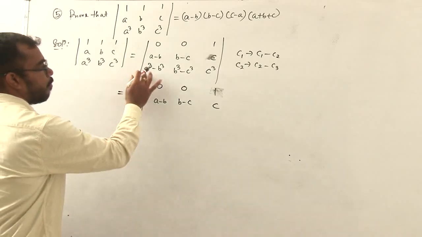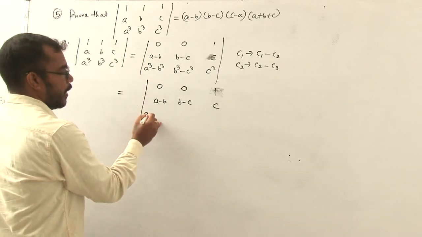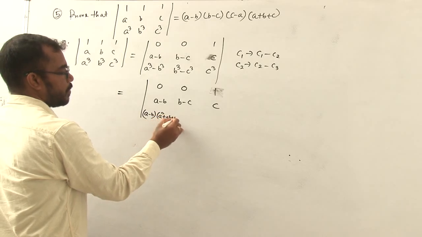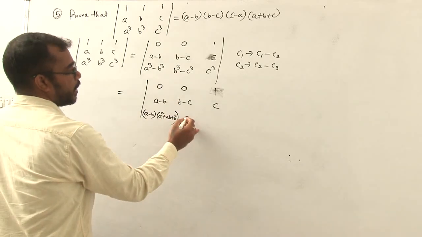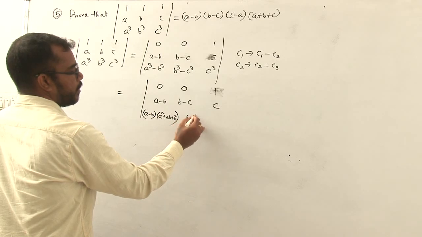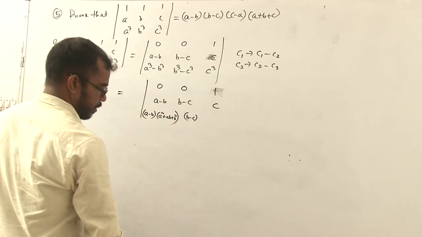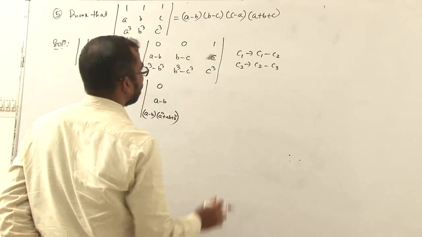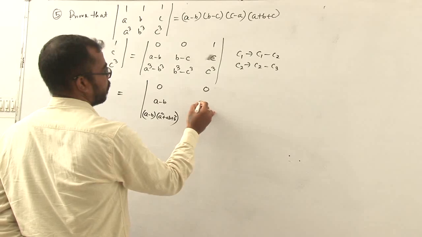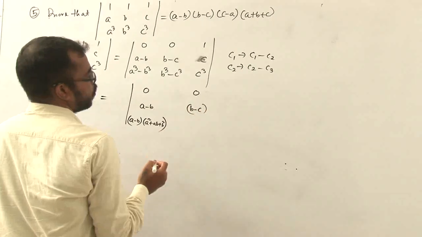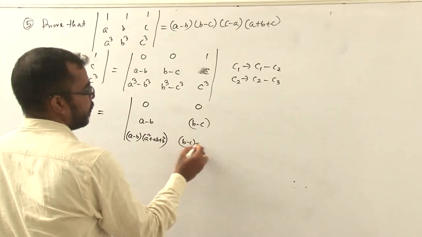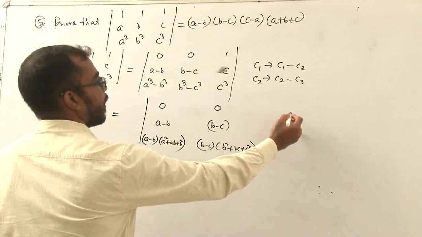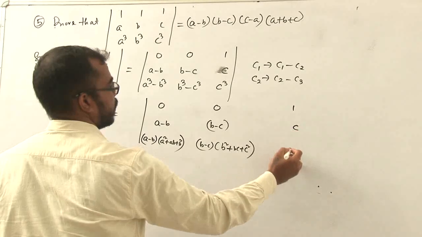As you know, A cubed minus B cubed is A minus B into A squared plus AB plus B squared, and B cubed minus C cubed is B minus C into B squared plus BC plus C squared, and the third column is 1, C.